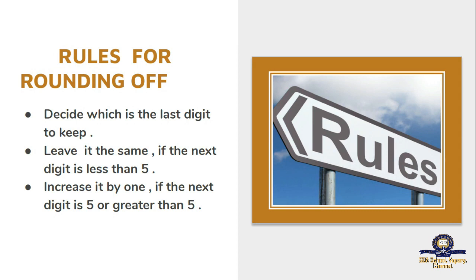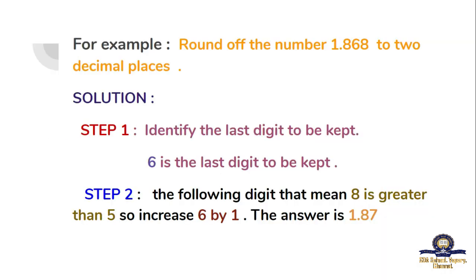Now we will do some problems based on rounding off. First example, round off the number 1.868 to 2 decimal places. When rounding off to 2 decimal places, we look at the digit at the 1000th place.